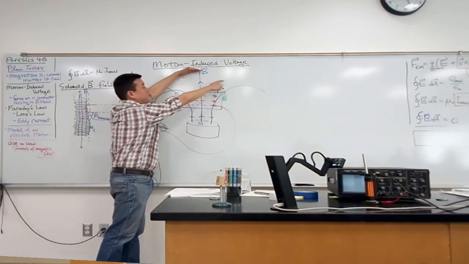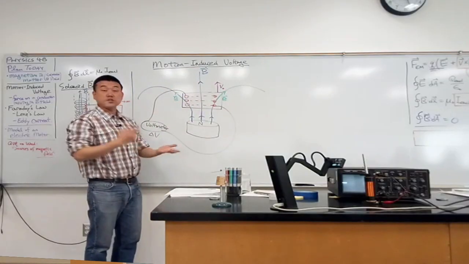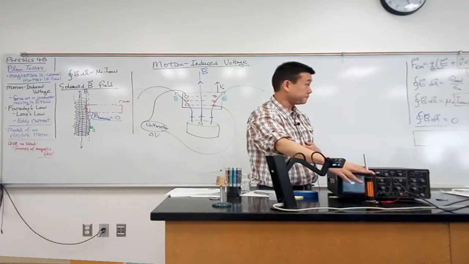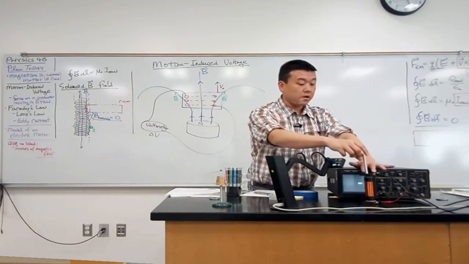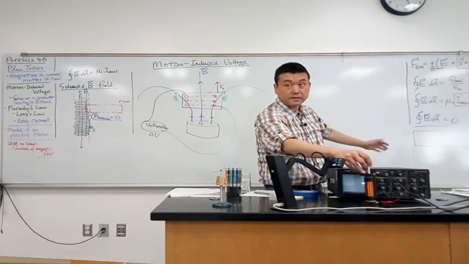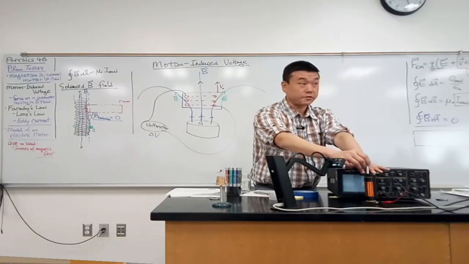Farther from the magnet, the magnetic field is weaker. So as I move the magnet up and down, I'm changing the strength of the magnetic field at the location of this coil. So the question comes down to: is there anything in our laws of physics that says when the magnetic field changes, there must be voltage?